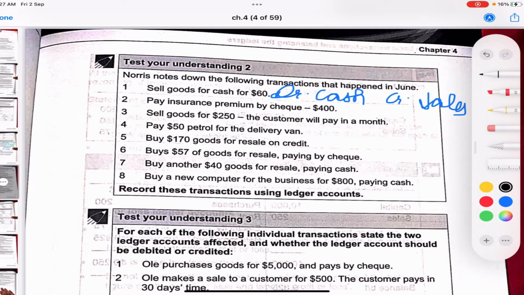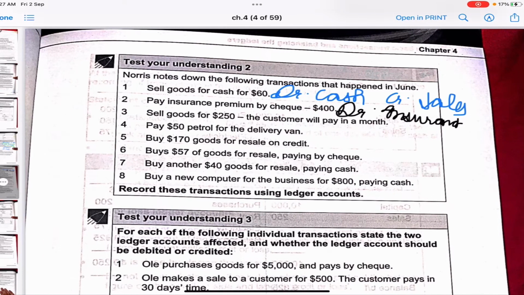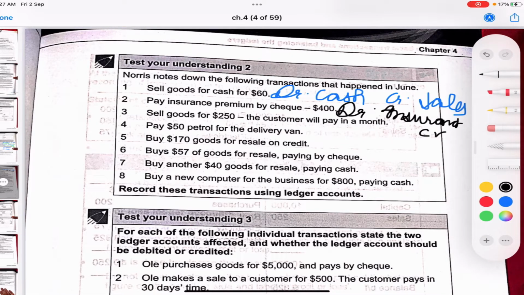So check is nothing but bank or cash, right? So we will do this. Debit insurance and credit cash. I hope it's clear now.